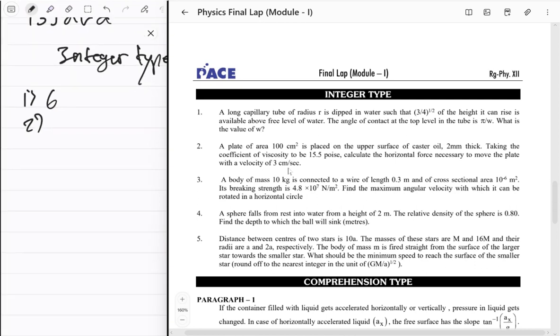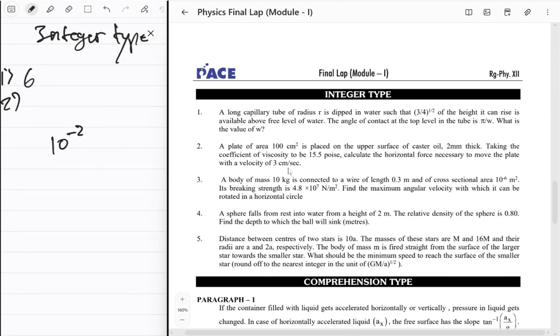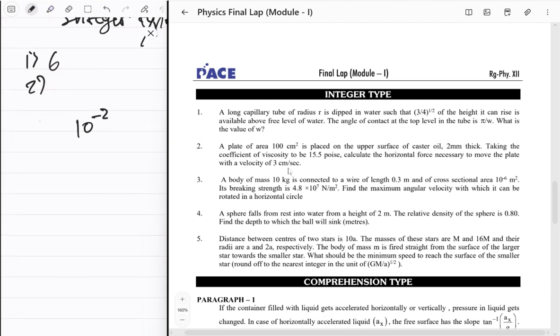Oh, this is easy. So how much is the area? 10 power negative 2 basically. I've memorized it by now. Okay, 2 mm thick. So what is its velocity? What is the viscosity? Okay, 15.5 poise. What is poise? Is that an SI unit or not? Assume it's an SI unit, I don't know.